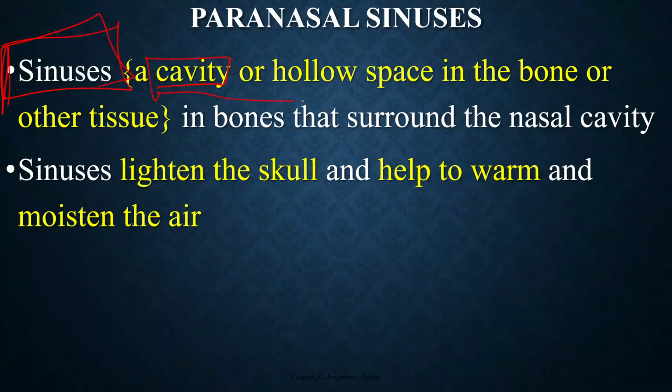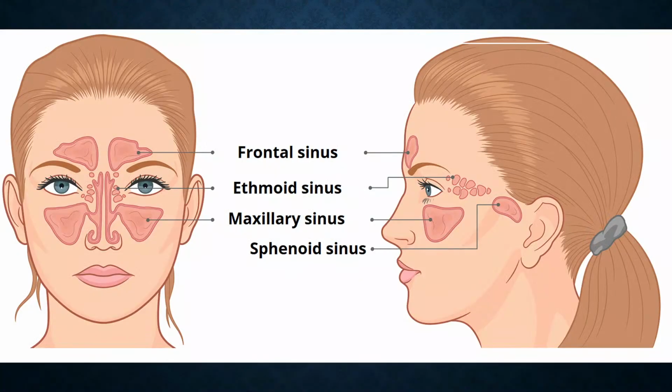And a cavity is an opening or a hollow space. And so sinuses are hollow spaces or cavities. Number one, on bones, or number two, it can be in tissues. An example of sinuses is this.